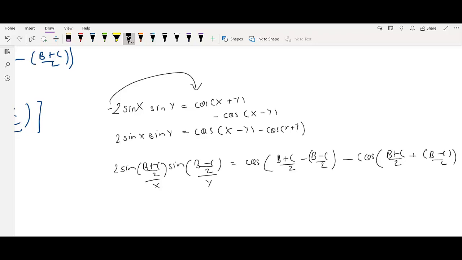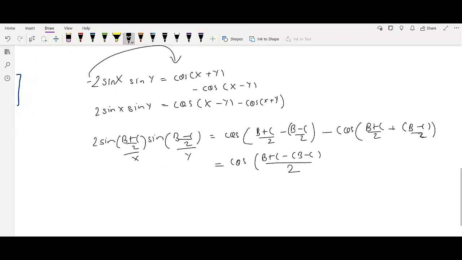Now these fractions already have a common denominator, so I can unify the denominator. I get cos of b plus c minus b minus c upon 2 minus cos of b plus c plus b minus c upon 2.